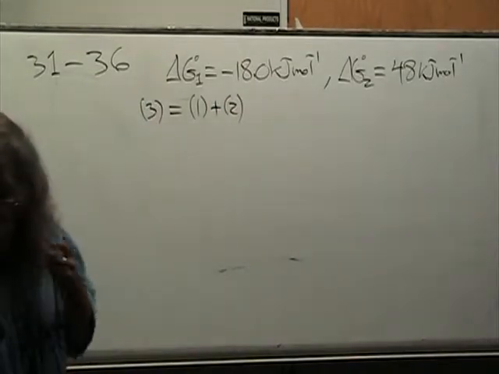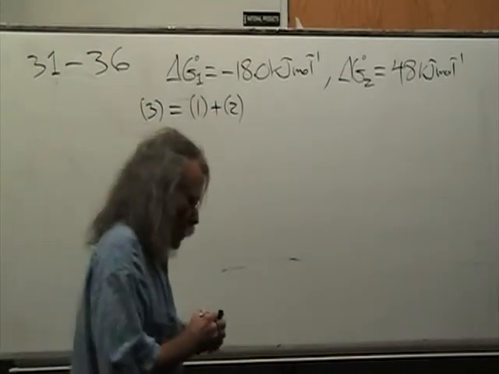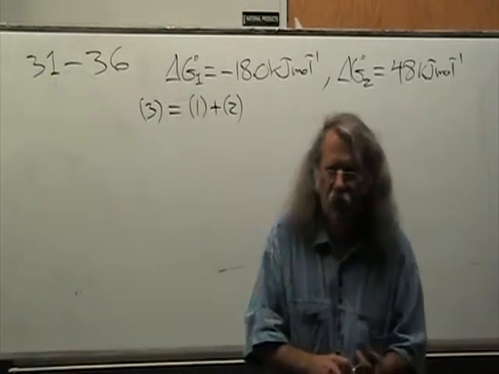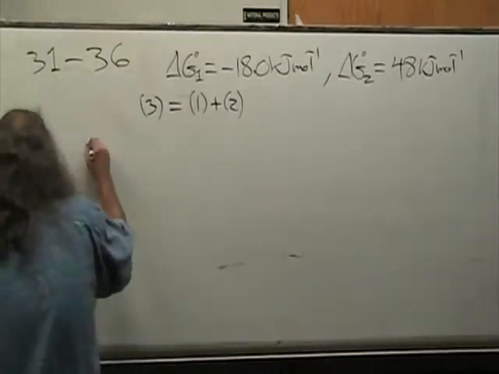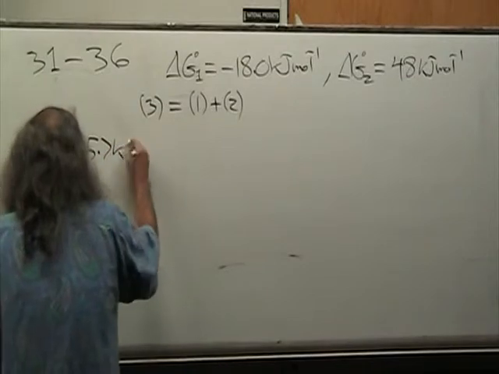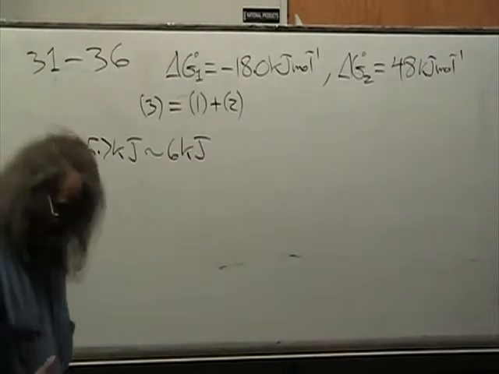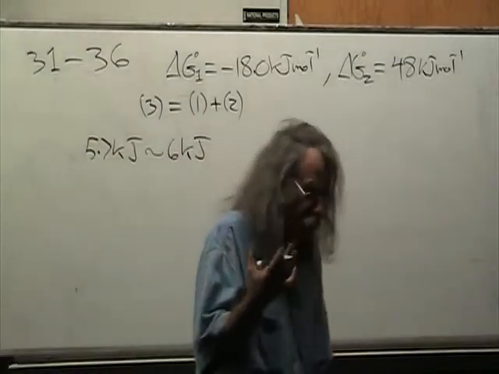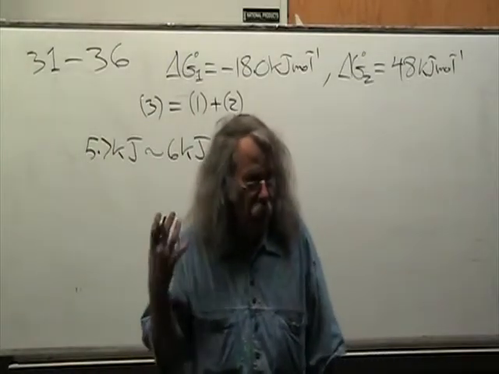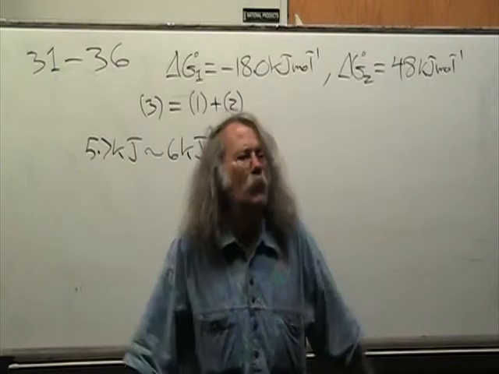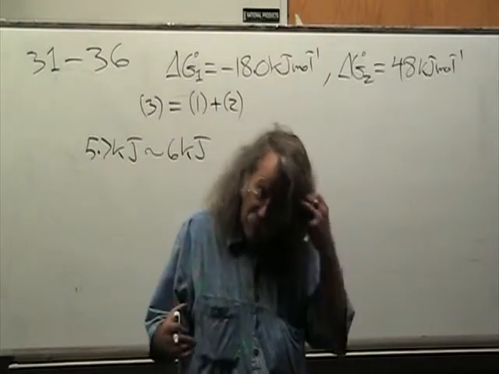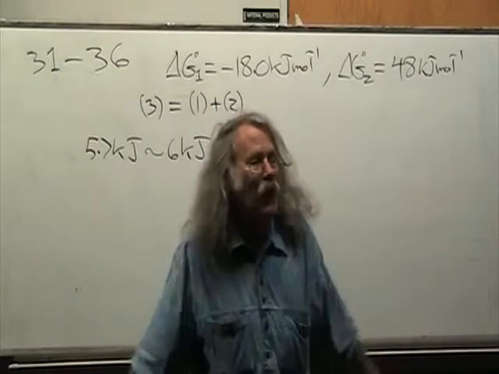Now, what we're going to use to solve these problems is the approximation that 5.7 kilojoules is around 6 kilojoules. We're going to round it up. This particular drill is to give you the ability to, you don't even need a piece of paper. You just have to be able to divide by 6 or multiply times 6.